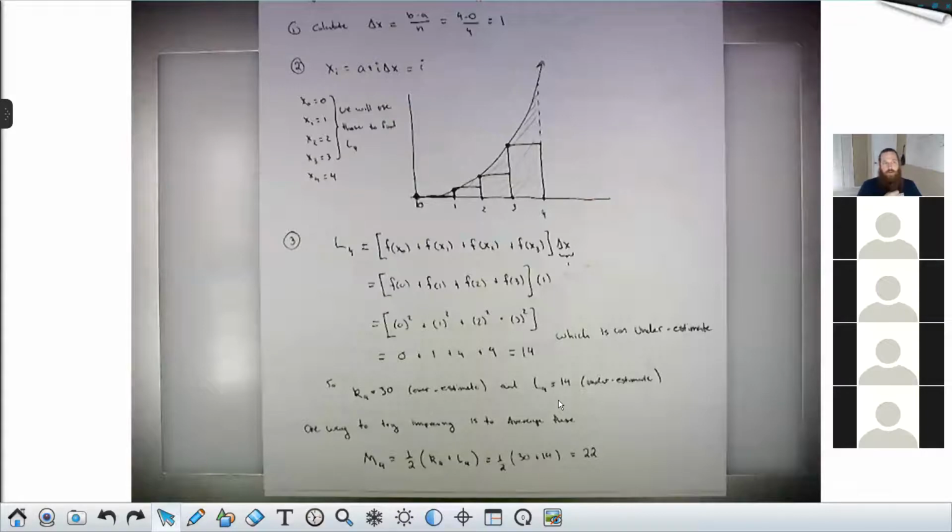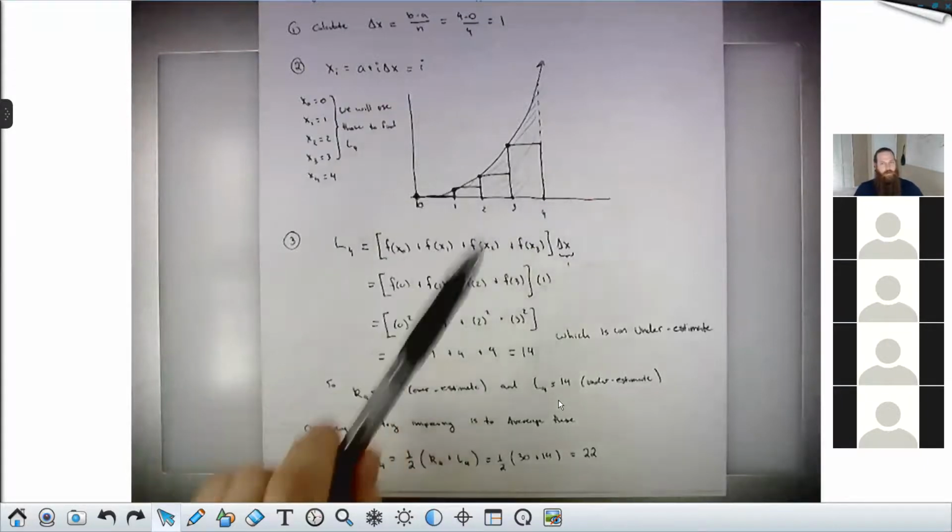Not necessarily, Josh. That's a really good question. Is the error the same in both? Like, is the overestimate too much by the same amount that the underestimate is not enough? And the answer there is no, not necessarily. It's also, while we're here, not always true that the left is an underestimate and the right is an overestimate.